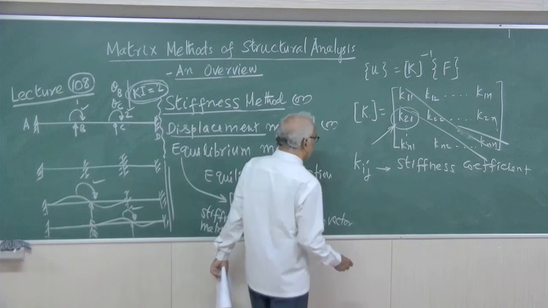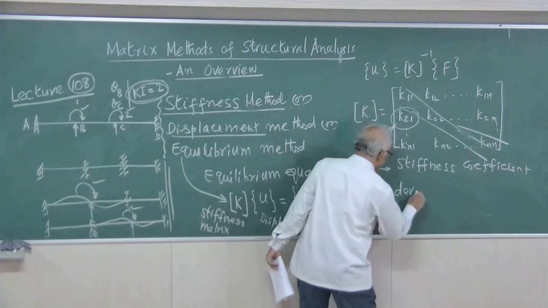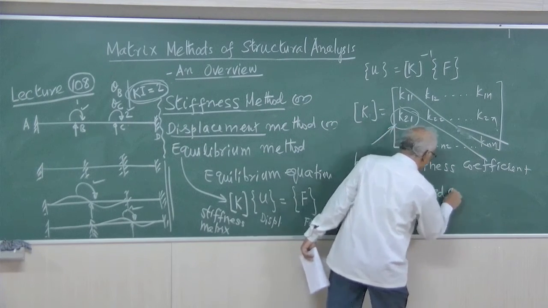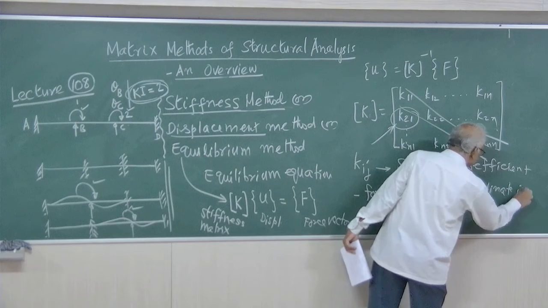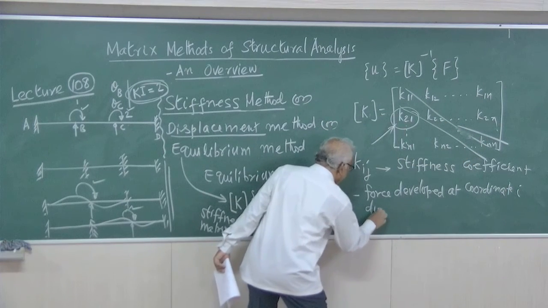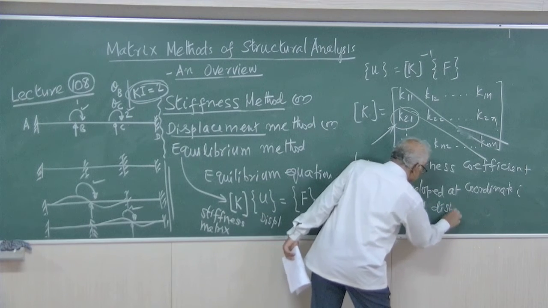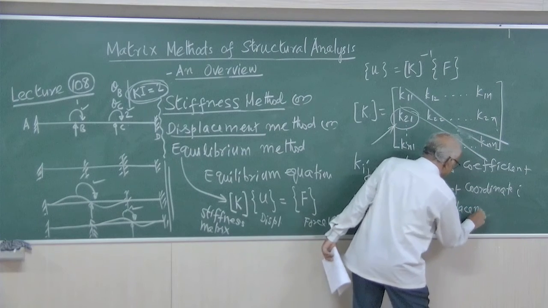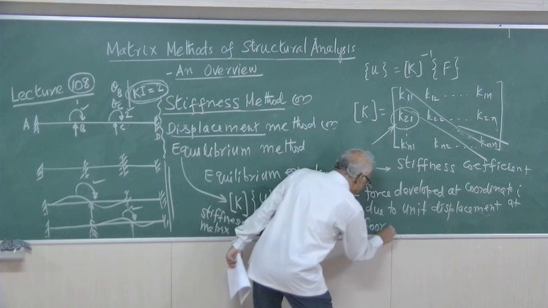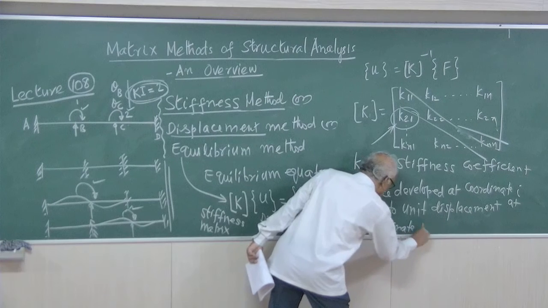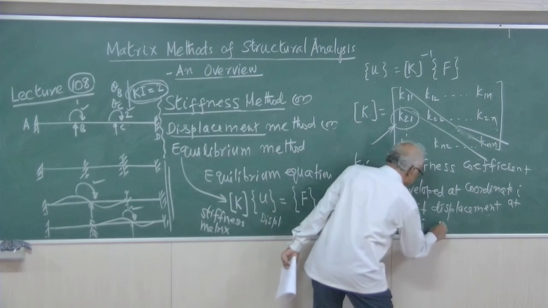The stiffness coefficient is the force developed at coordinate i due to unit displacement at coordinate j.